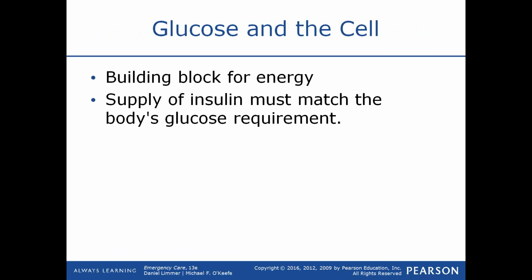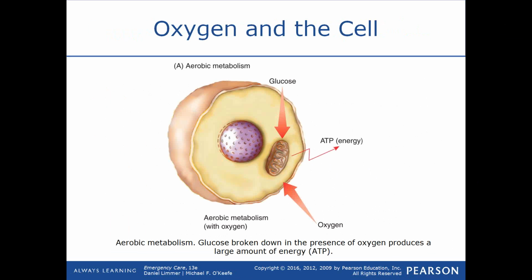Insulin is the hormone that your pancreas secretes that allows sugar to move from the bloodstream into the cell so the cell can make energy with it. Certainly without enough sugar, the cells won't function properly, and without enough insulin, as in the case of diabetes, the sugar won't be able to go into the cell to make the energy as well.